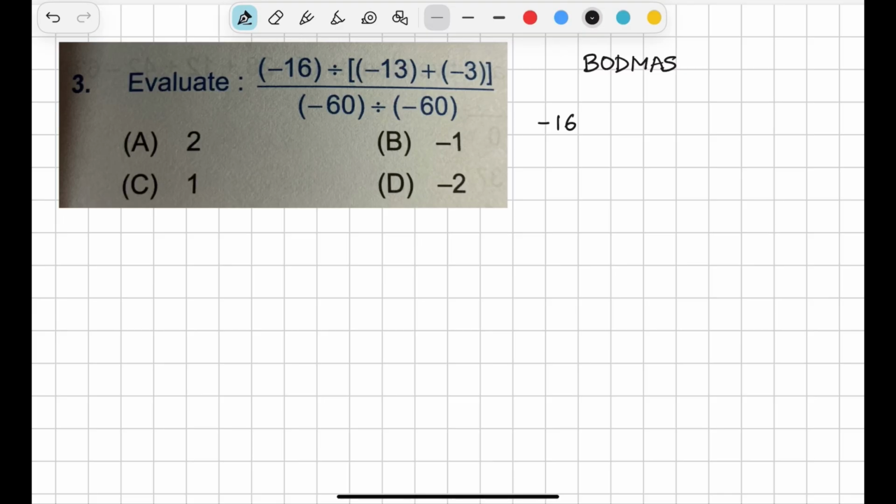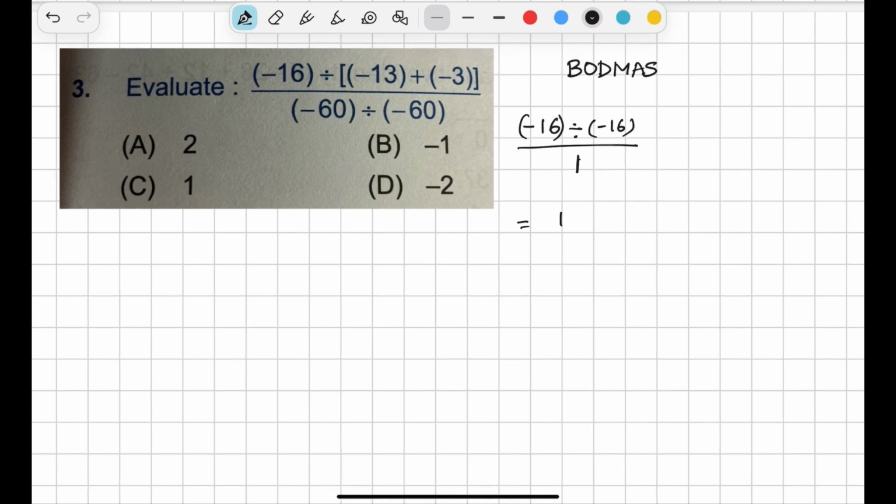Minus 13 plus minus 3 is minus 13 minus 3. So it becomes minus 16 divided by minus 16, and minus 60 divided by minus 60 is 1. Numerator minus 16 divided by minus 16 is again 1. So 1 divided by 1 is equal to 1. So the correct answer is 1, C.